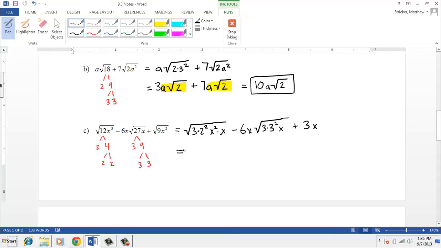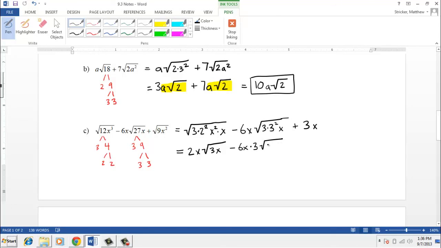So, pulling our perfect squares out, the square root of 2 squared is 2. The square root of x squared is x, which leaves us with a 3x inside. In our next term, we have a minus 6x times, what can we pull out? Well, the square root of 3 squared is 3.